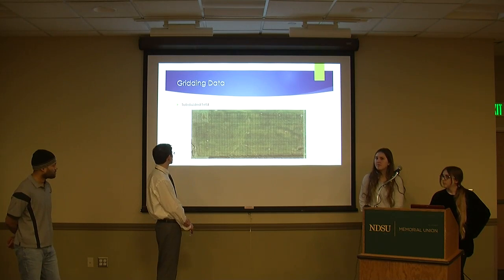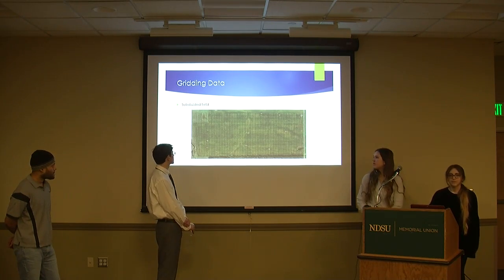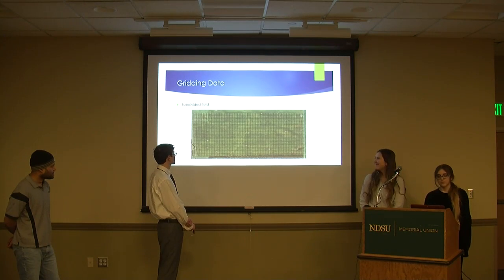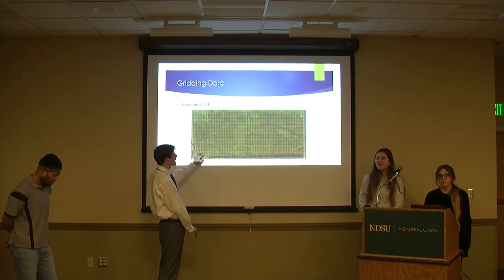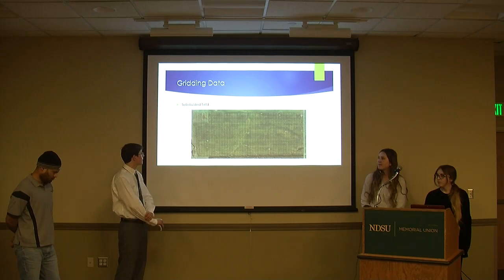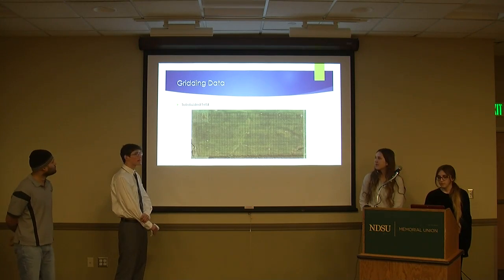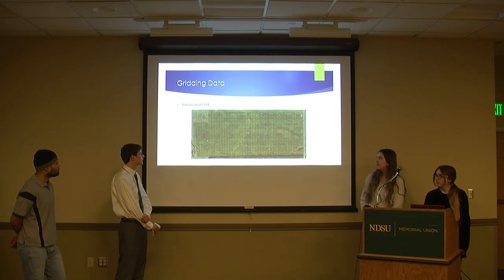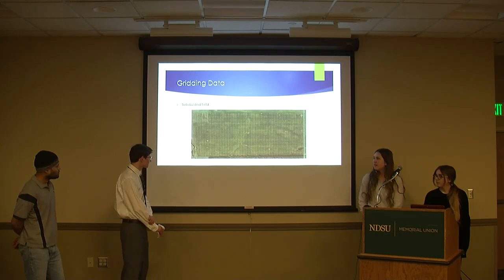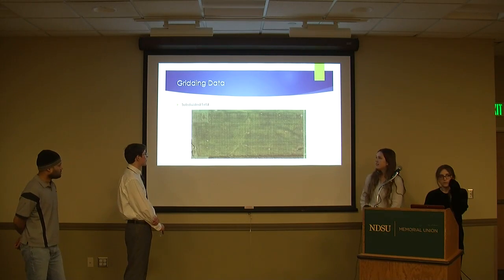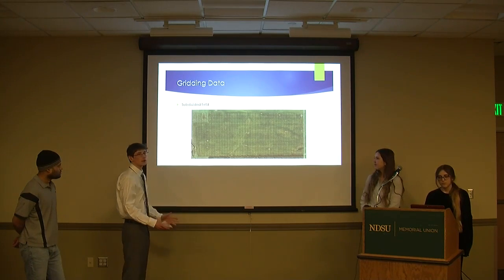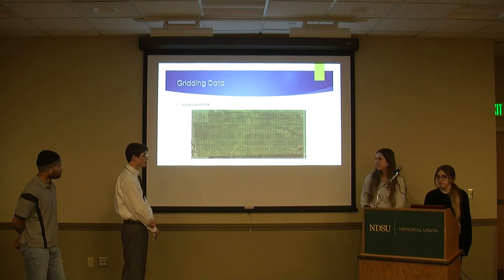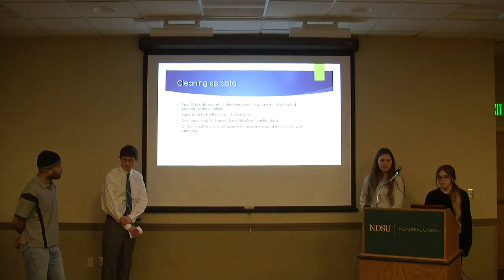Then we performed some fancy wizardry in some GIS software where we were able to aggregate all the data points that were contained in each one of these squares: the mean yield, range of the yield, statistical stuff like that. And then in the end, we have a much cleaner set of data that we can work with, and that's what we performed our visualizations on.